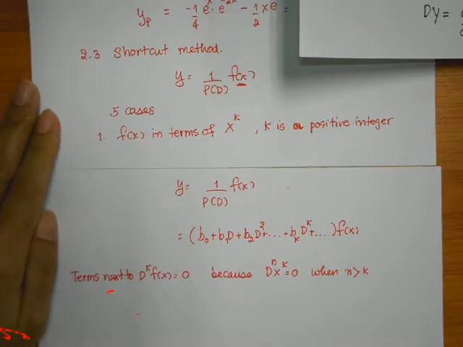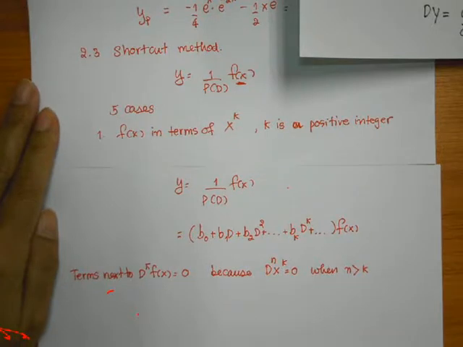We are going to write down the term 1 over P(D) in the form b0 plus b1 D plus b2 D to the power 2, and so on until the term D to the power k. The other terms higher than D to the power k, which are D to the power k plus 1, plus 2, whatever, and so on, will be equal to 0, right?